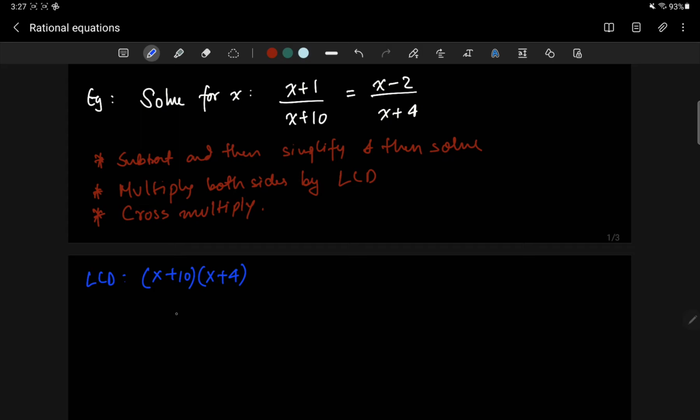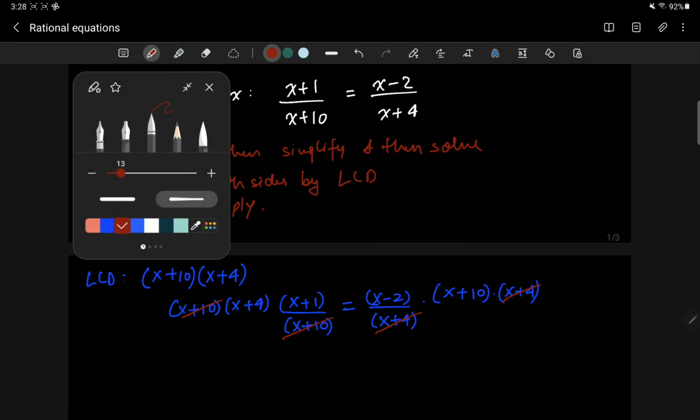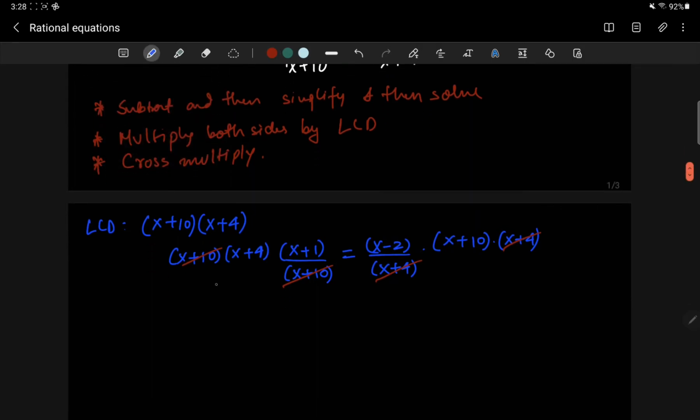So if I multiply by that, it's going to look like x plus 10 times x plus 4 times x plus 1 over x plus 10 equals x minus 2 over x plus 4 times x plus 10 times x plus 4. X plus 10 cancels out, x plus 4 cancels out, and you're left with this equation that you can solve.